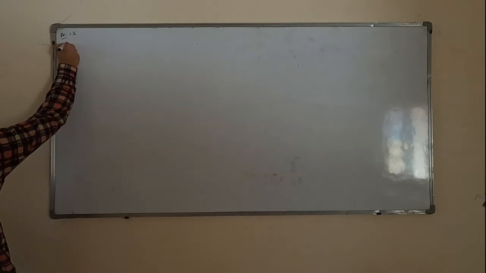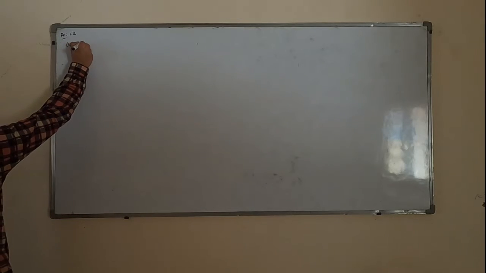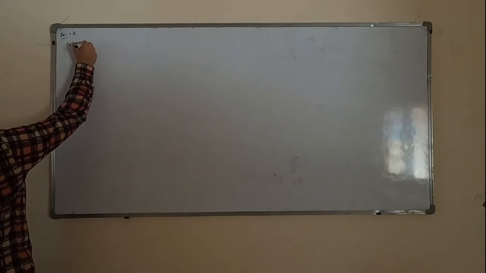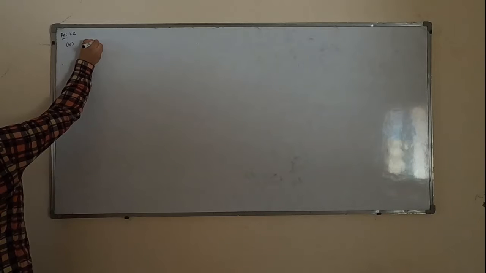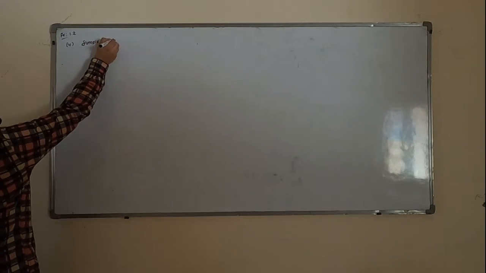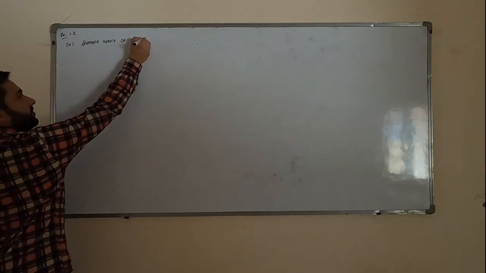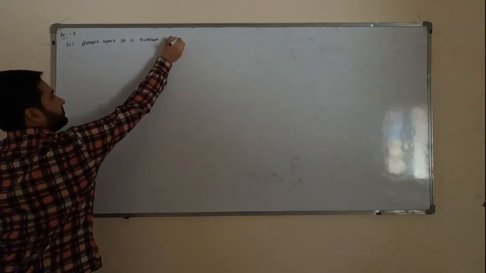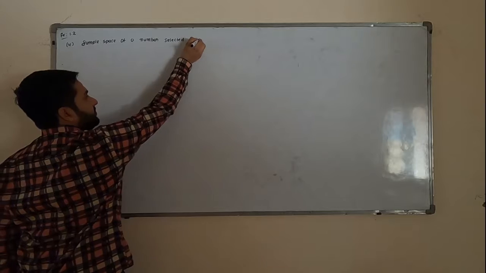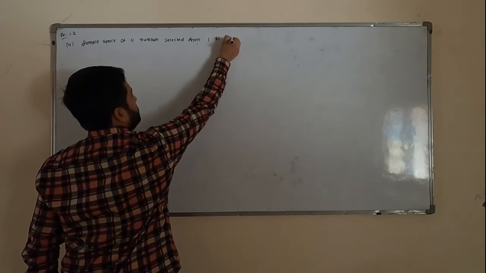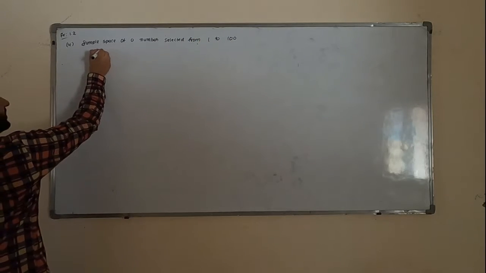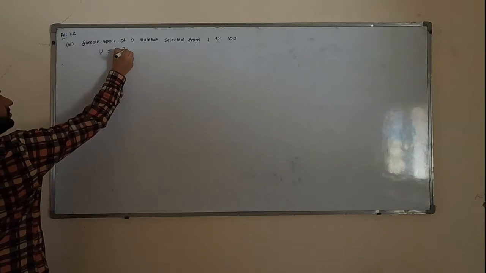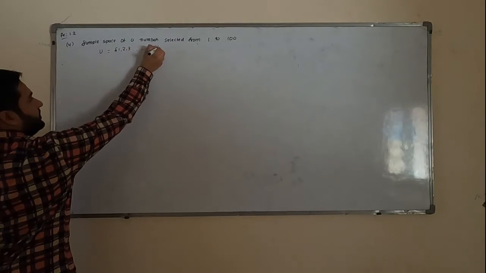Okay, question number 4. Sample space of a number selected from 1 to 100: U equals 1, 2, 3, up to 100.